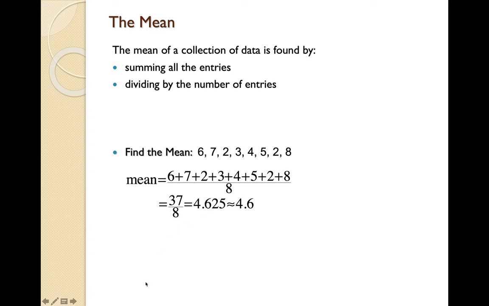So you wouldn't want to round all the way to 5 here because the mean is a theoretical value and it can be more accurate than the original data. So if there's rounding, we round to 1 more degree of accuracy.